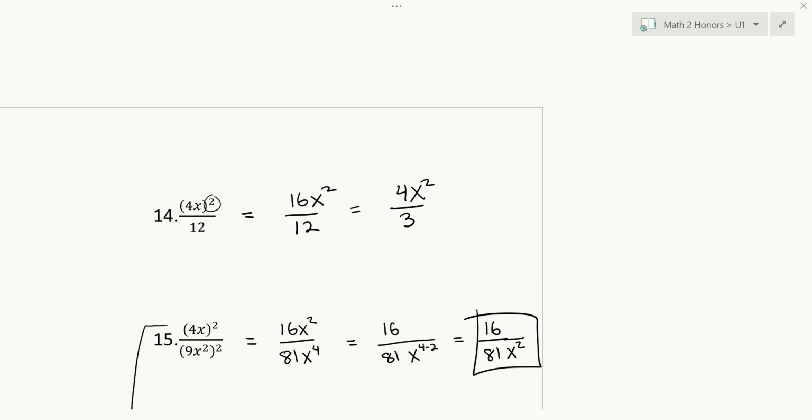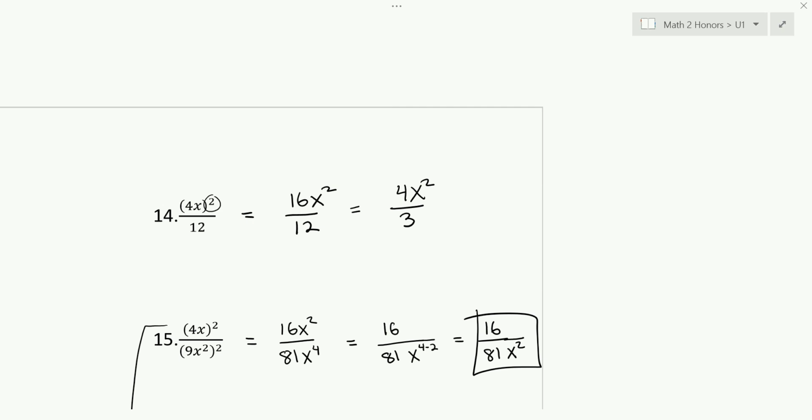So you need to work on the exponent on the outside first. So 16x squared in the numerator, 81x to the 4th. Does that 4 come from 2 plus 2 or 2 times 2? Times, good.